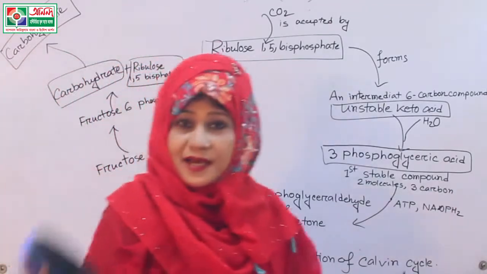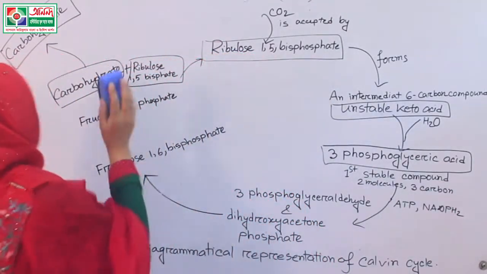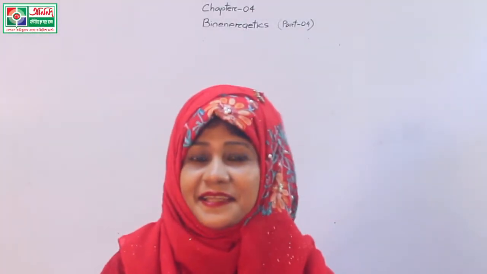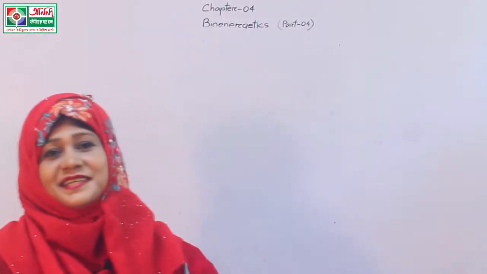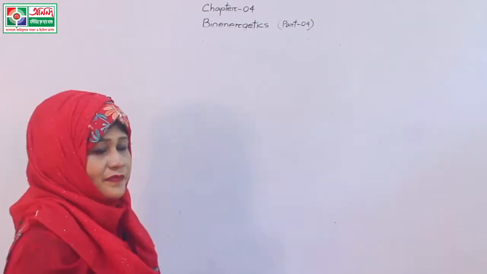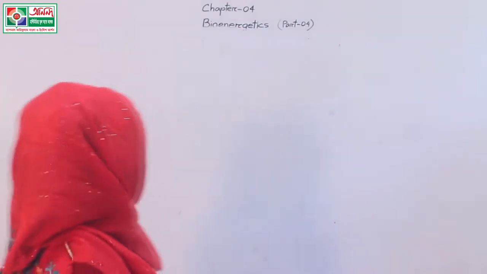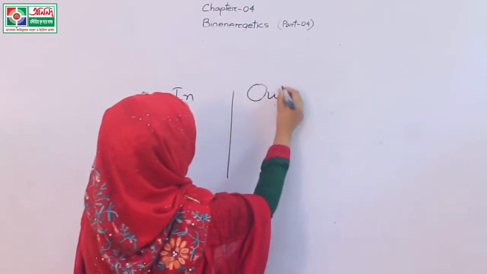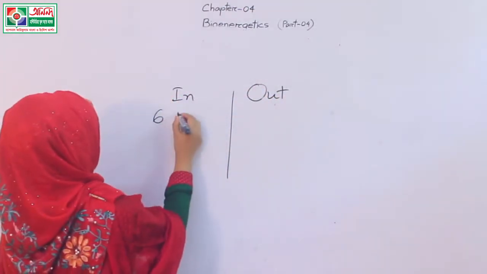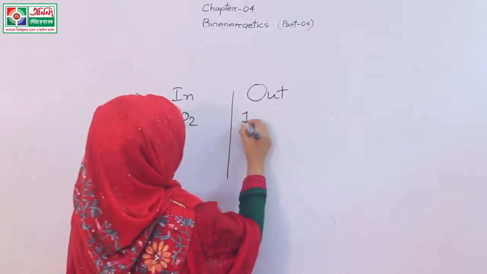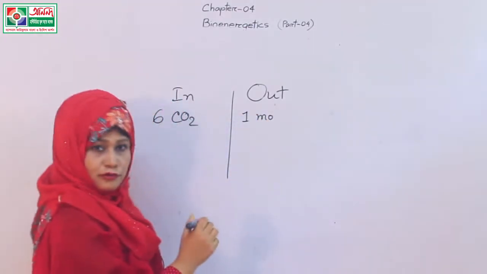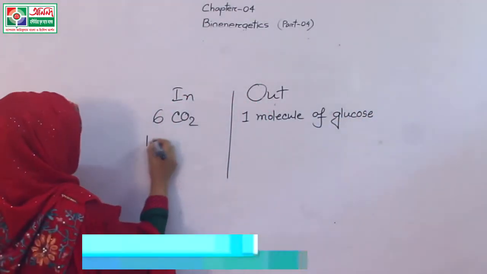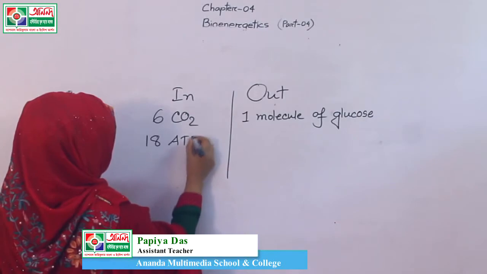Now students, I am erasing this. Now if I write what is in the Calvin cycle and what is out from this cycle. Now if I summarize this, what will I get? Suppose this is in and this is out. 6 carbon dioxide in and 1 molecule of glucose out. 18 ATP.